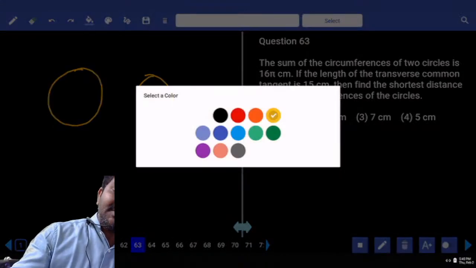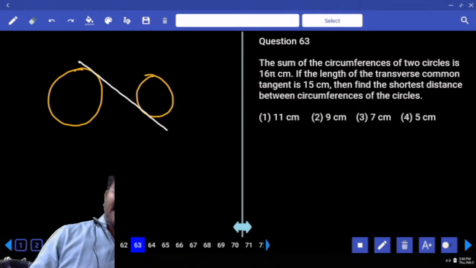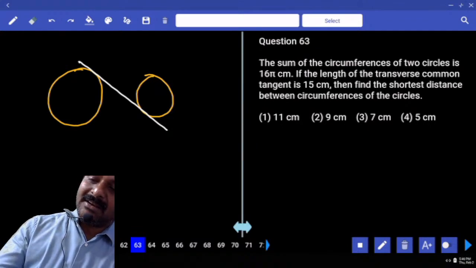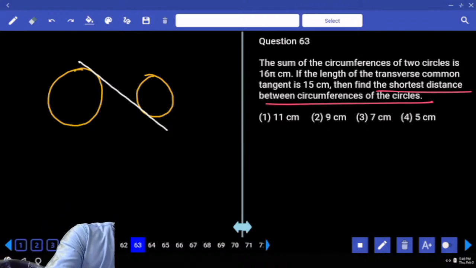Transverse common tangent in the sense something like this only, right? And then we were asked to calculate the shortest distance between the circumferences of the circles. This is the circumference of the circle, complete thing. This is the circumference of the circle, and we were asked to calculate the shortest distance. That means this part only.